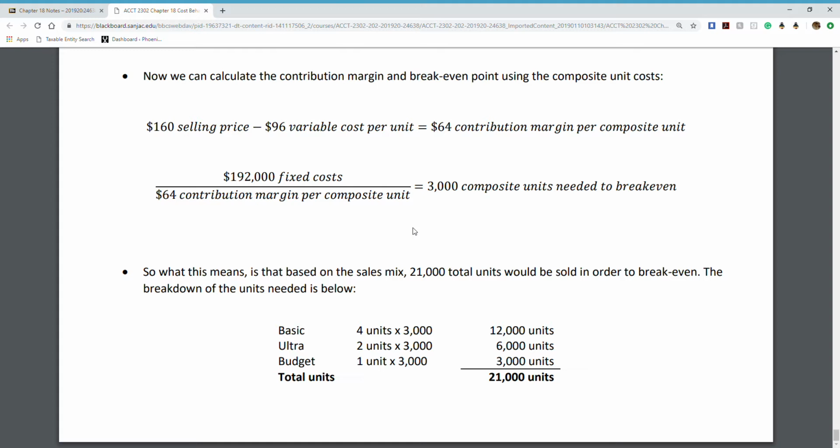Add those all up, and it states that on this sales mix, we truly need to sell 21,000 total units in order to break even. And it really does tell you how many of each to break even. So basic sells 12,000, while ultra sells 6,000, and budget sells 3,000.